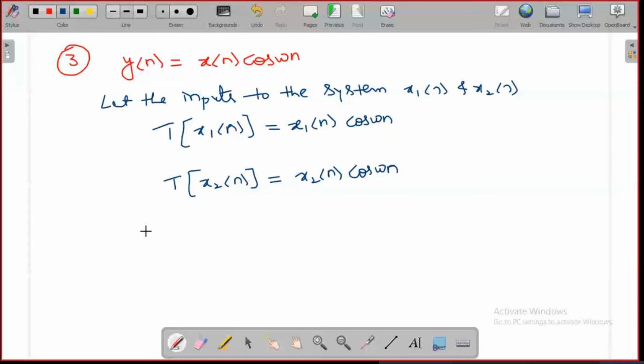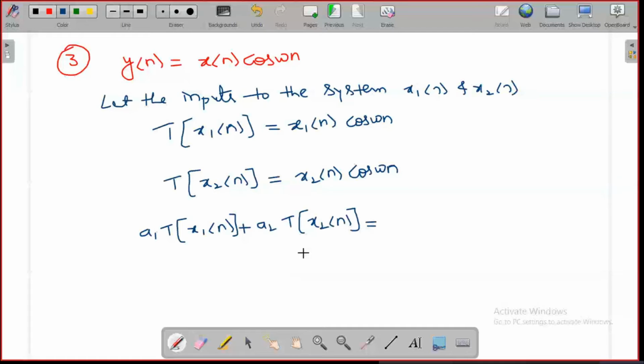Now find the sum of weighted responses, that is a1 T of x1 of n plus a2 into T of x2 of n.